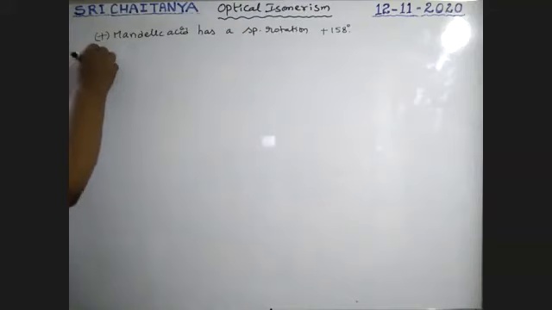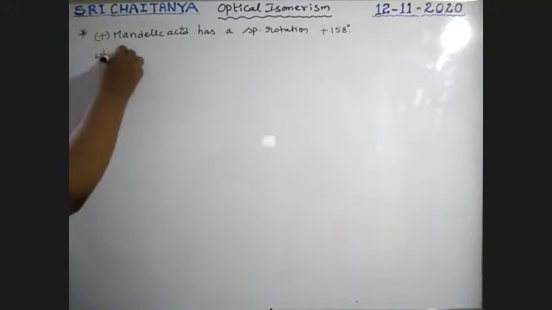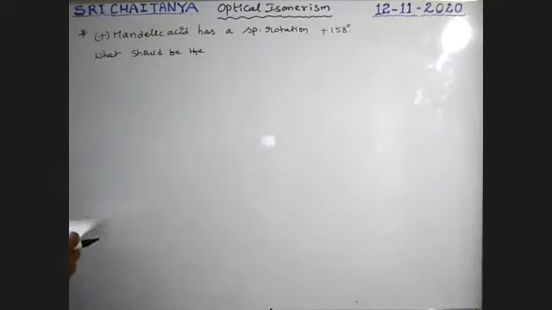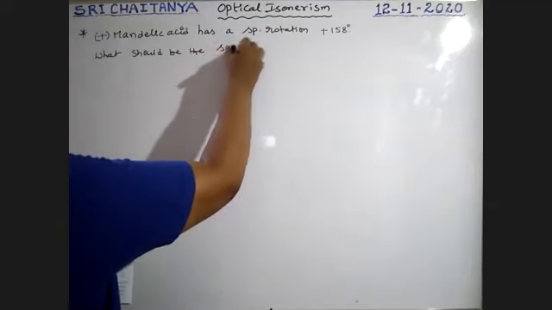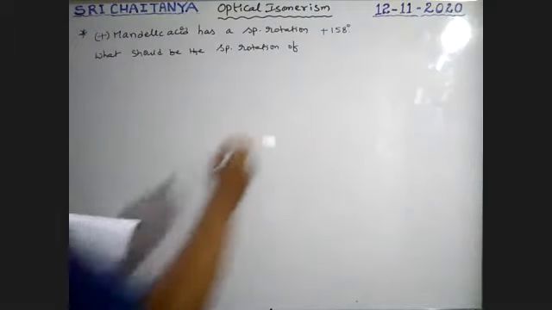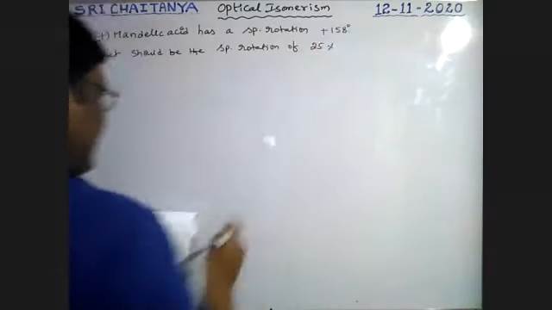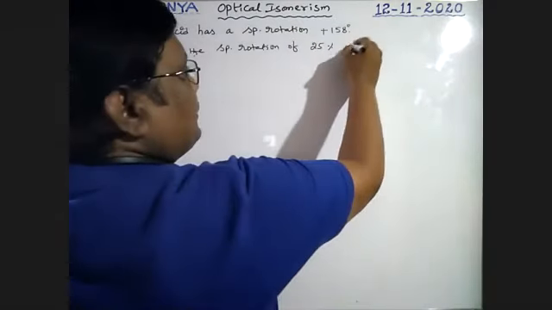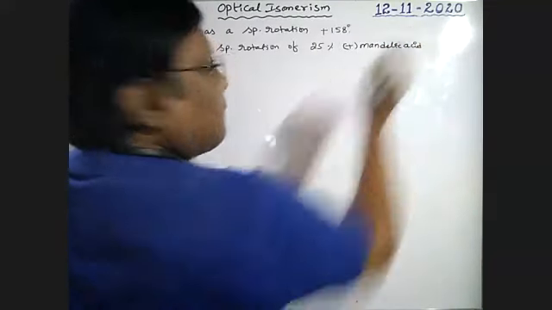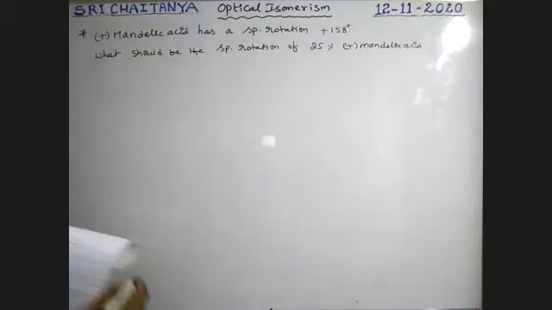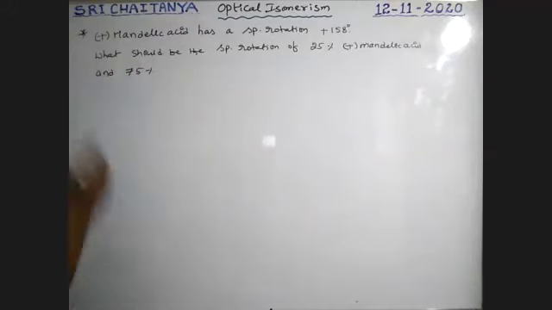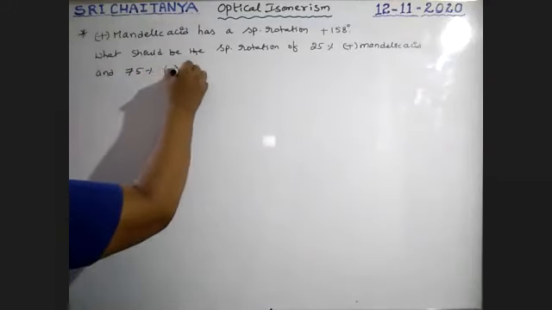What should be the specific rotation of a mixture of 25% plus mandelic acid and 75% minus mandelic acid?